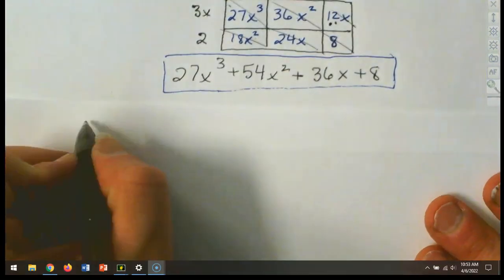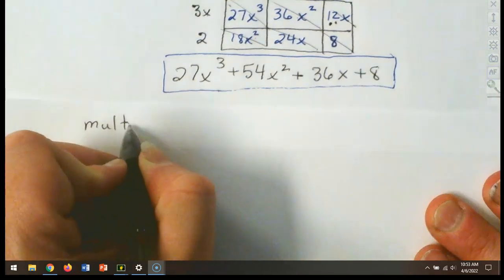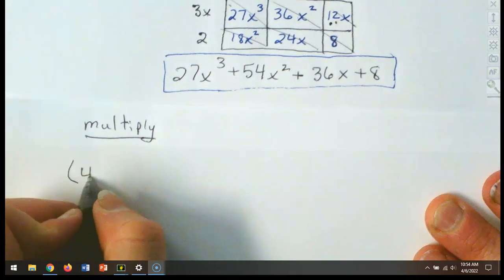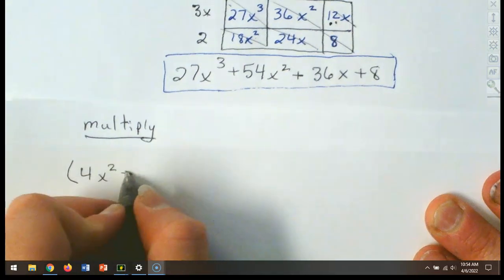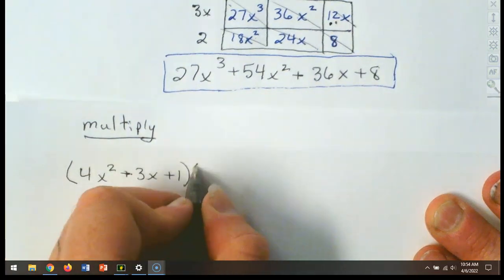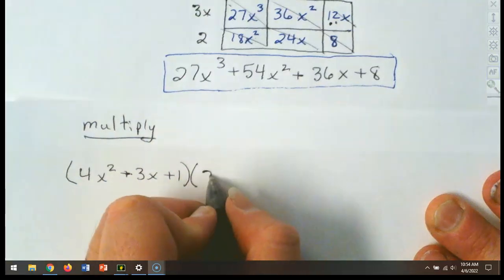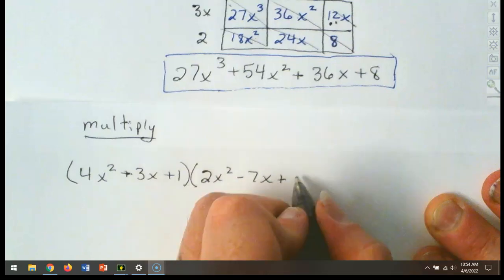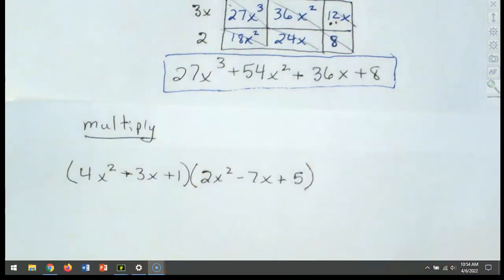Let's try to multiply this out. So we want to go ahead and multiply this one out.